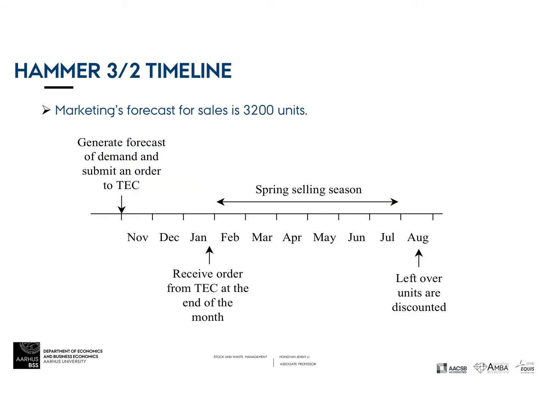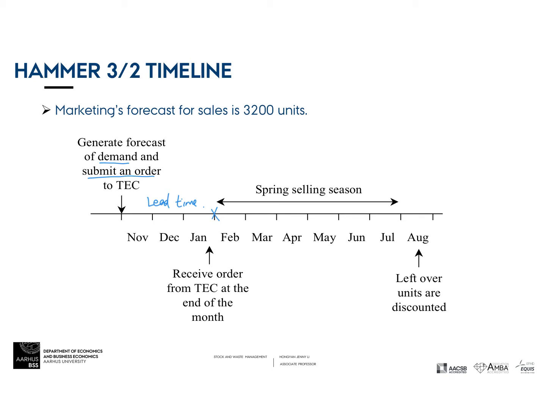This is the event list of this inventory decision making problem. First, the selling season starts from the beginning of February, and there are 3 months of lead time. So by the beginning of November of the year before, they need to generate a forecast and submit an order to the manufacturer in Mexico.